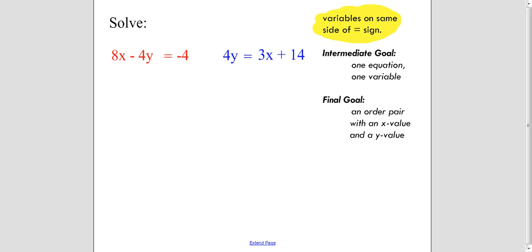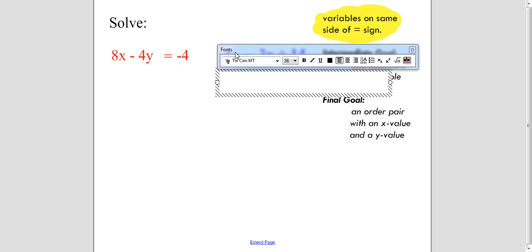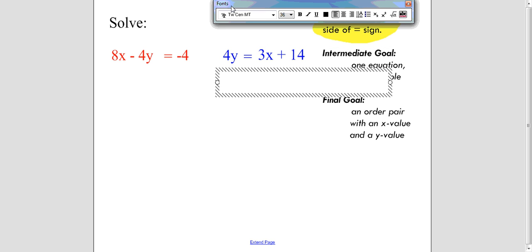And again, remember, in math we're trying to bend things to our will. So it's a very, very easy process: you're going to subtract 3x from both sides. That's going to zero it out here.